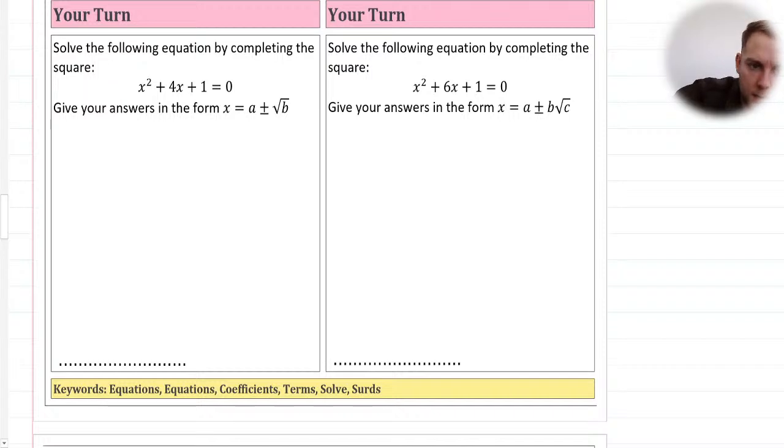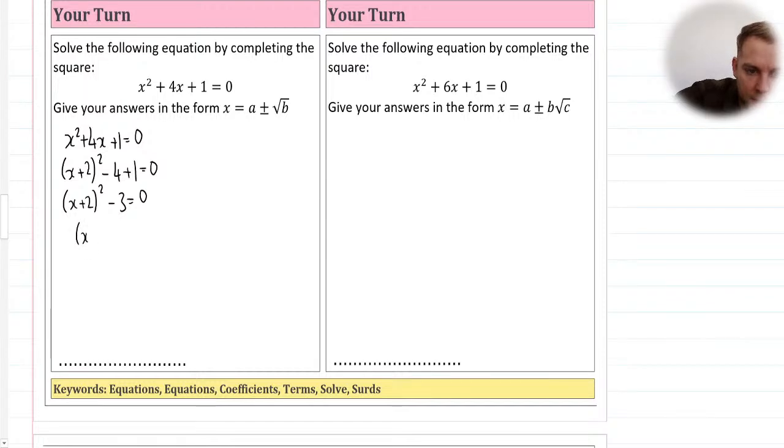So x squared plus 4x plus 1 is equal to 0. So I halve that middle number, x plus 2 all squared, and then subtract the square of that, so minus 4 plus 1 is equal to 0. So x plus 2 all squared minus 3 is equal to 0. Take the 3 over. X plus 2 all squared is equal to 3.